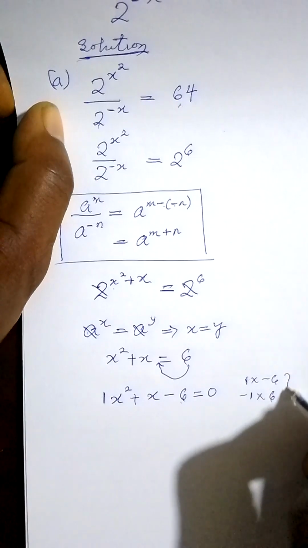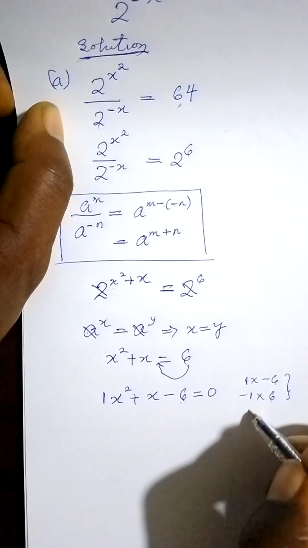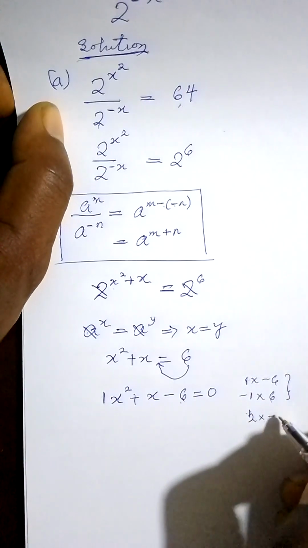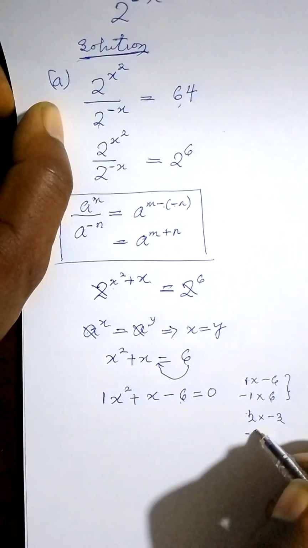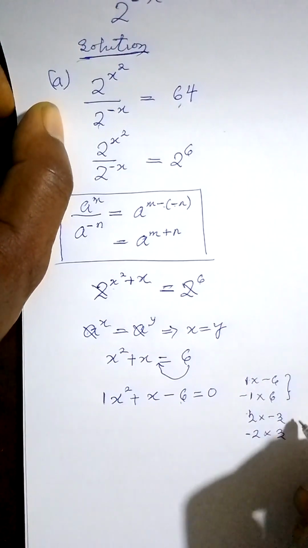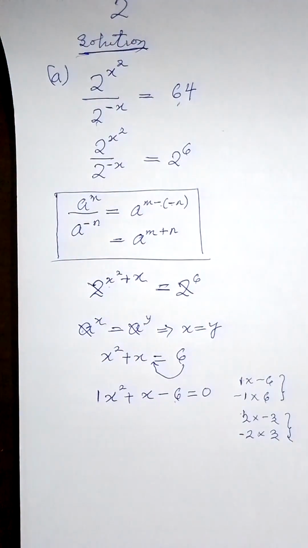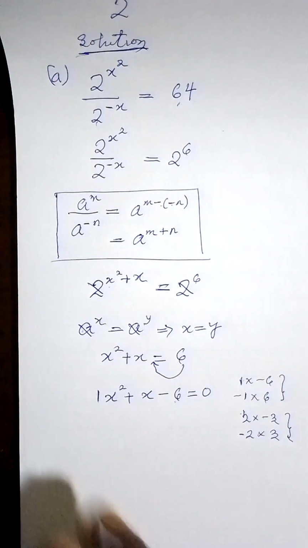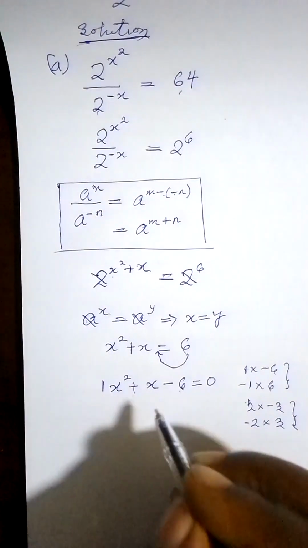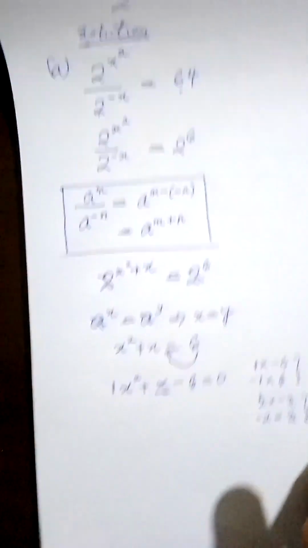Then other factors are 2 multiplied by minus 3, and then of course minus 2 multiplied by 3. These also are factors. So now we look at this set of four factors and see how we can further factorize the middle term.